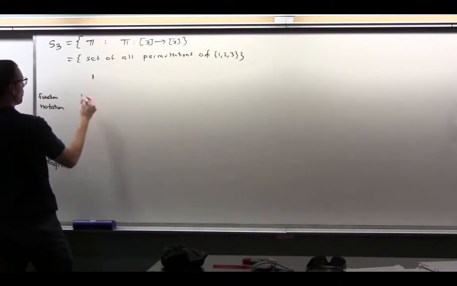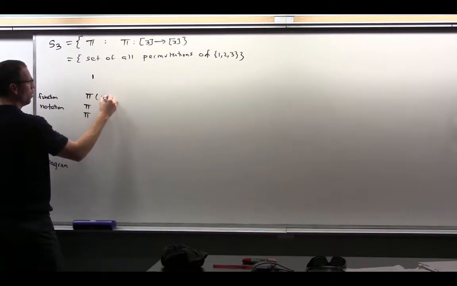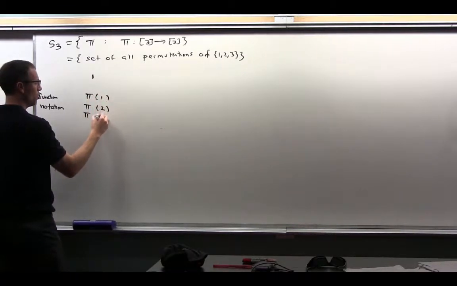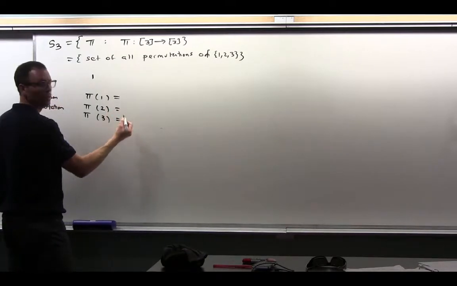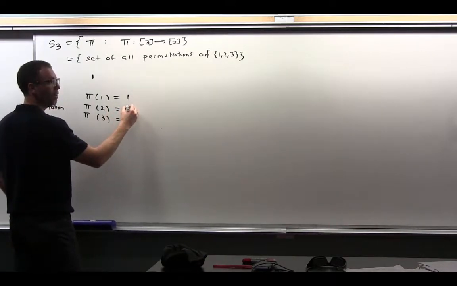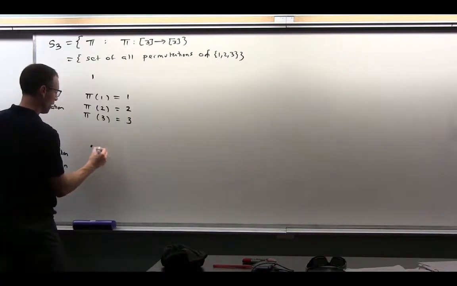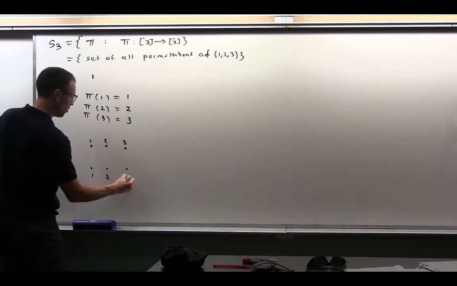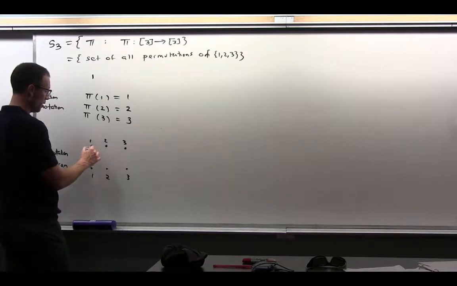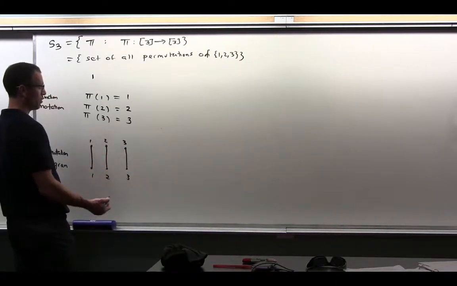So here, we'll do our first permutation. How many inputs do I have? 1, 2, 3. Could you guess what we say about the first permutation? It sends 1 to 1, 2 to 2, 3 to 3. So let's draw the diagram associated with this. 1, 2, 3 in the domain, 1, 2, 3 in the codomain. 1 goes to 1, 2 goes to 2, 3 goes to 3.